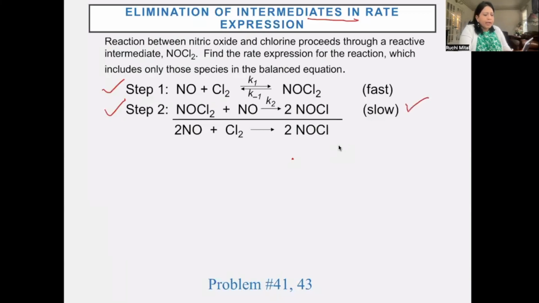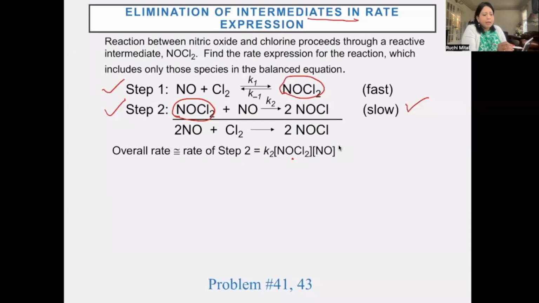As a result, you can come up with a rate law for step 2, which is going to be k2[NOCl2][NO]. But the problem over here is that NOCl2 is your intermediate, correct? Because an intermediate can never be part of your rate law. So how are we going to eliminate this intermediate from your rate law equation?